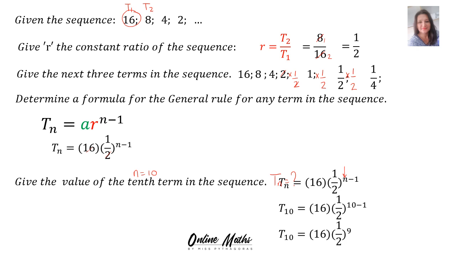And now you can work this one out with your calculator, where you can slot into your calculator a half to the power of 9 times 16, and the answer is 1 over 32. So what does that mean? That means the 10th term's value will be 1 over 32.